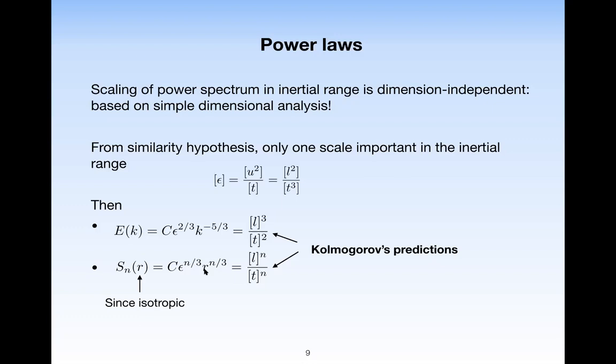So the power should be r to the n over 3. So these two are the famous Kolmogorov power laws, respectively for the power spectrum and for the nth longitudinal structure function. And later on, when I'll be constructing the black holes and I want to check whether I have turbulence or not, this is precisely what I will be checking.